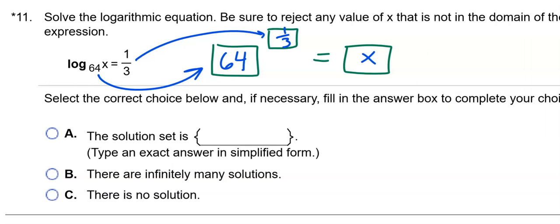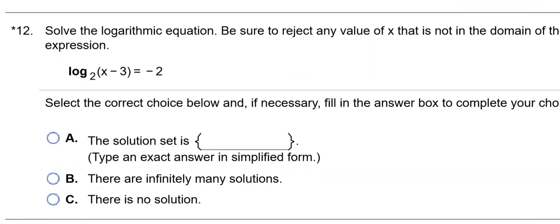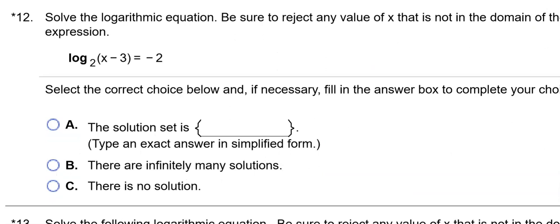Well, I need you to remember and not to forget that that means the cube root of 64. The cube root of 64 is 4.